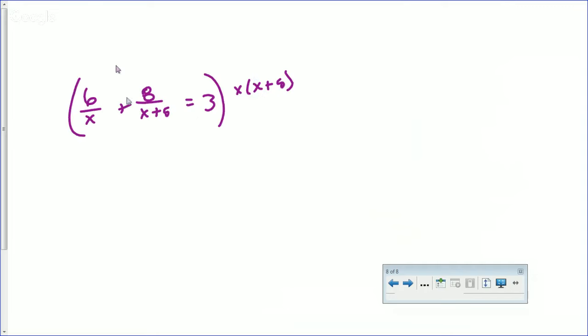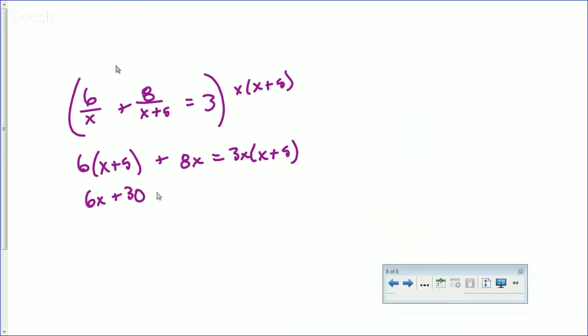When I take this times the first term, my x's cancel, and I get 6 times x plus 5, plus, when I multiply here, my x plus 5's cancel, and I get 8x, and nothing cancels with this, so I get 3x times x plus 5.